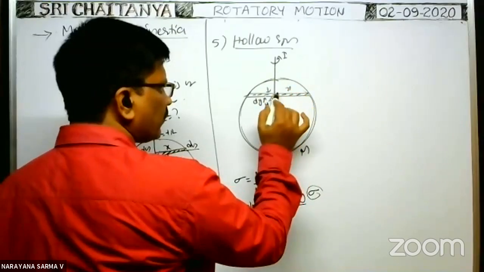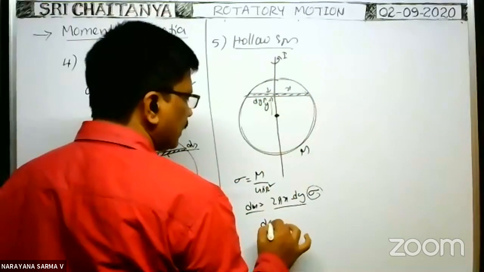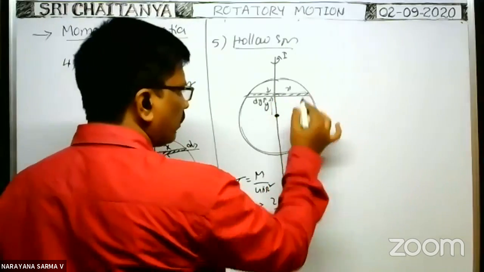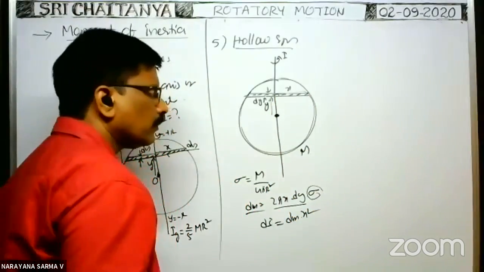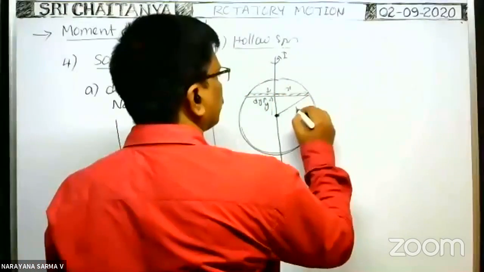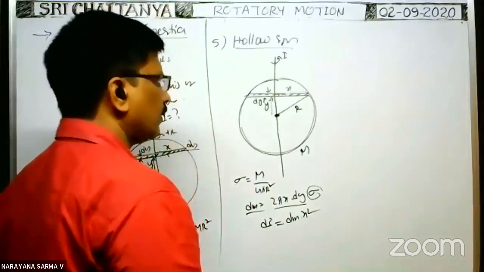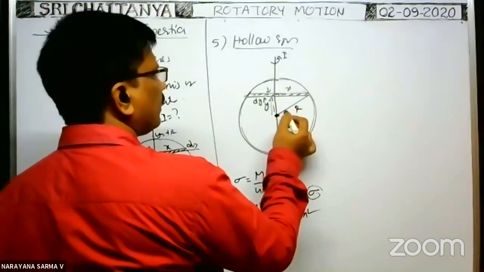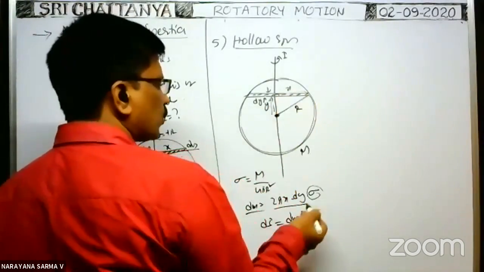So the moment of inertia of the circular element about this axis, dI is equal to mr square only, no? Mass of the element dm into r square, meaning x square. You convert this x in terms of y, because this is r.